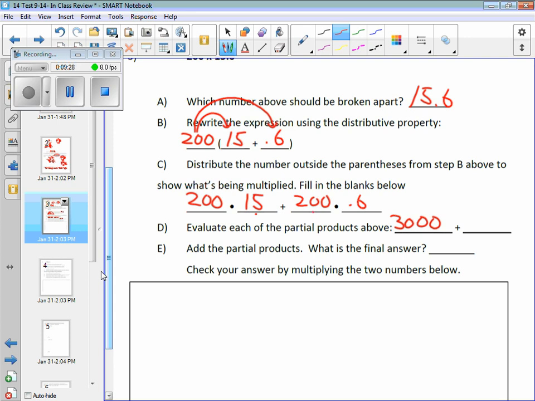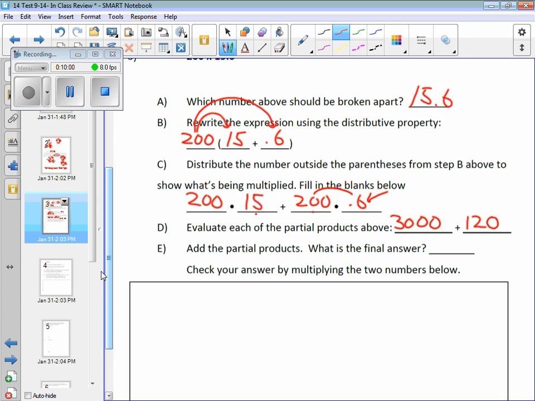With 200 times 0.6, we have to realize that whatever our number is, it has to be a number less than 200. Because you're multiplying by a number that's less than 1. So if you want to do mental math and realize, okay, 2 times 6 is 12, because it's 0.6 and not 6, where you would normally get 1200, we now have 120.